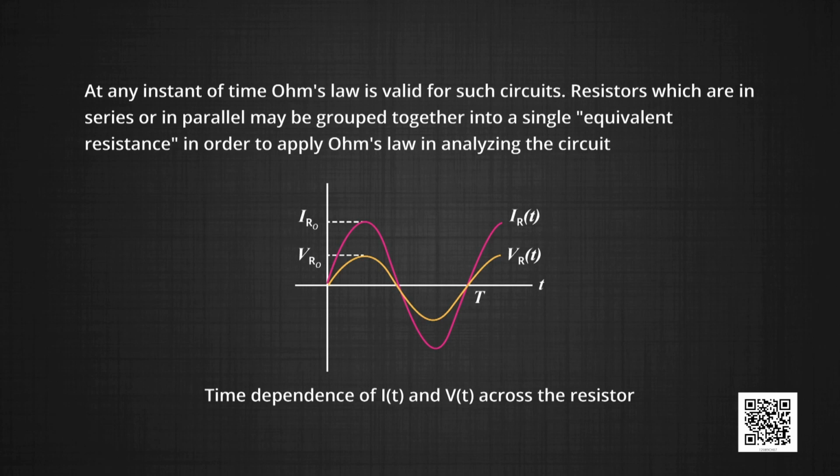Here we can see the variation of I and V with respect to time. So, we have this time dependence of current and voltage across the resistor, where we can see the values of I and V start from 0 with respect to time.